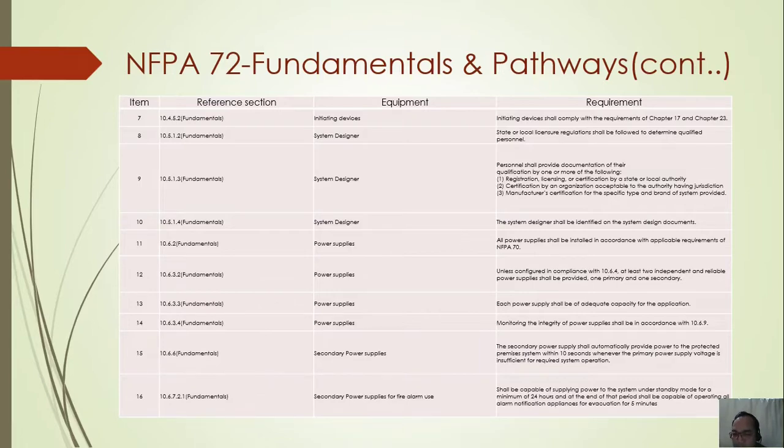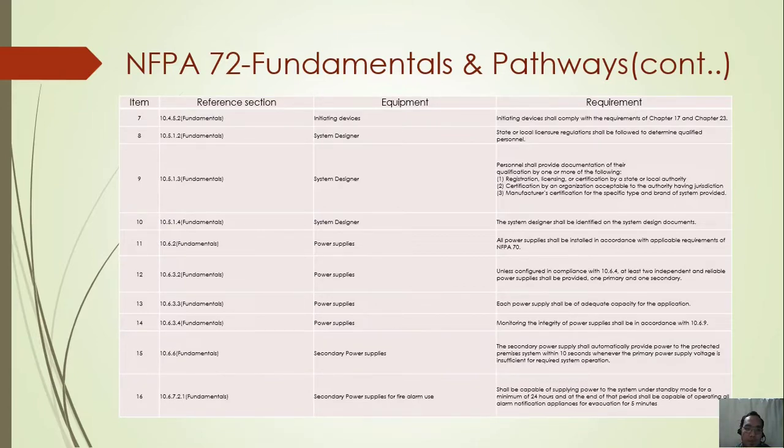State or local licensure regulations shall be followed to determine qualified personnel. So guys, if you are a fire protection designer or a fire alarm system designer, you have to make sure that you have a license within the state to do the design for fire alarm. Okay?